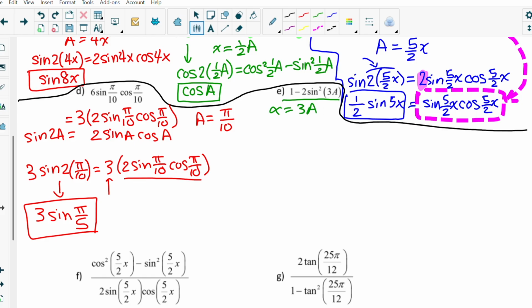So what happens? Cosine of 2 alpha equals 1 minus 2 sine squared of alpha. Let's take a quick look. Yep, that is our double angle identity. So wherever I see an alpha, I'm going to plug in a 3a.